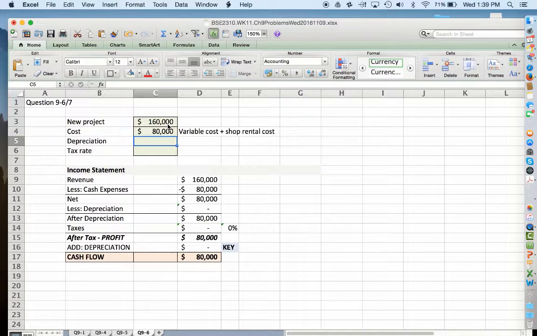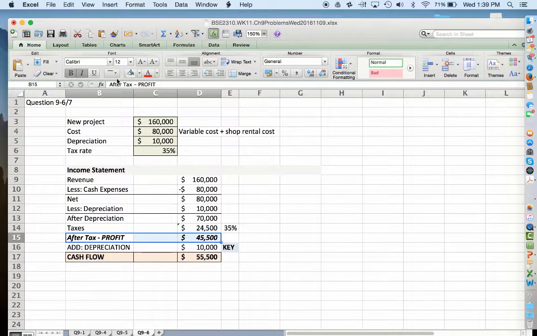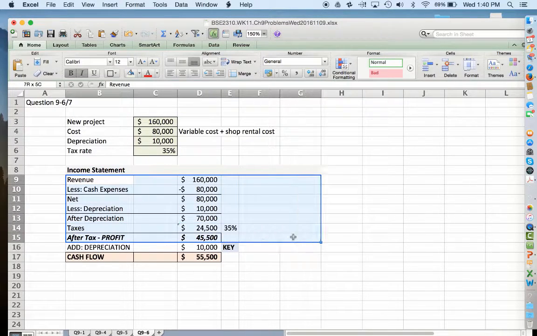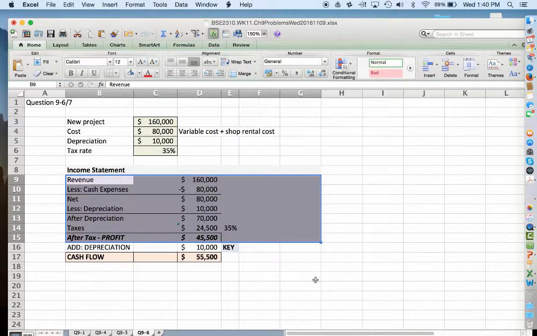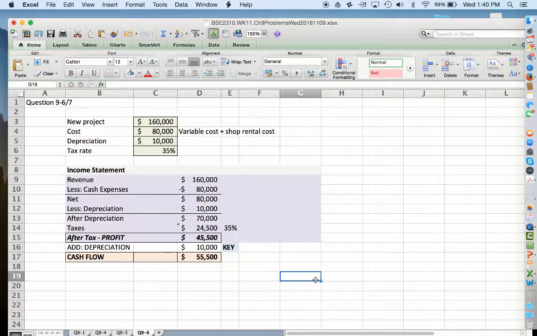And the tax rate is 0.35. So problem 6 wants to know what the income statement is. This part is the income statement, all the way down to after-tax profit. Then part 7 wants to know what the cash flow is.